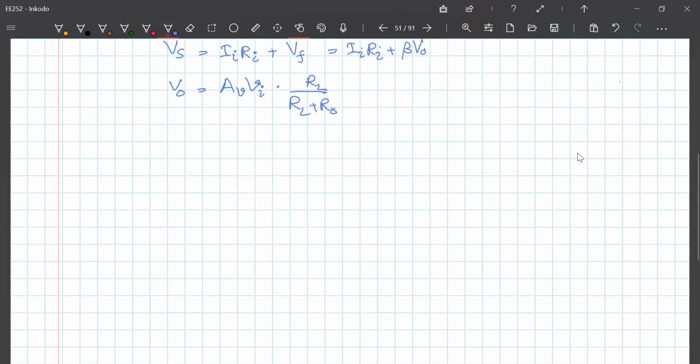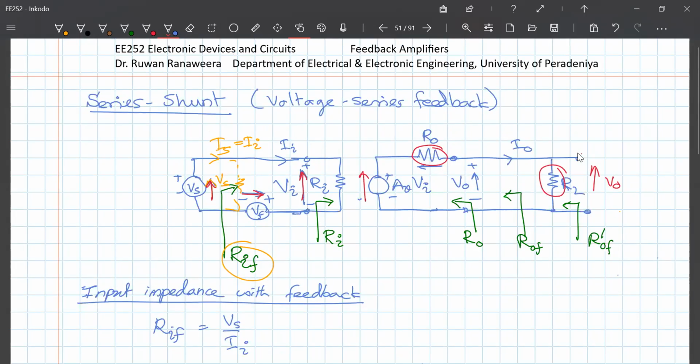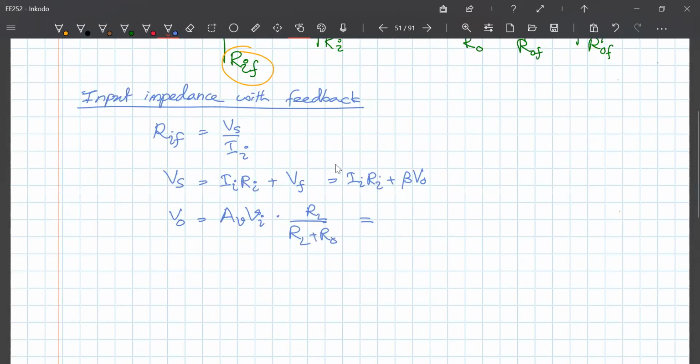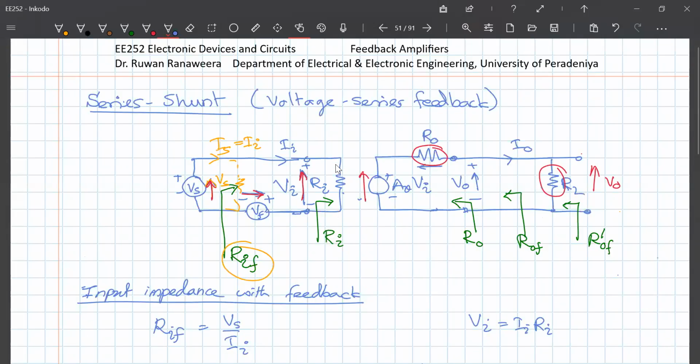So what is Vi? Vi is this voltage across this resistor. Vi is equal to Ii times Ri. Okay, so for this resistor, it will be like that.